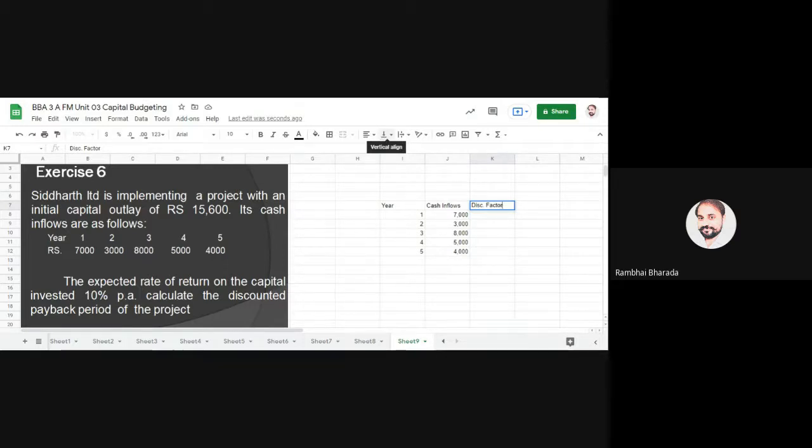So here the discounting rate is 10%. Now, for 10%, you have two options. Either you can use your calculator, or you can use the table provided to you, that we call the table of present value. You may use any one.